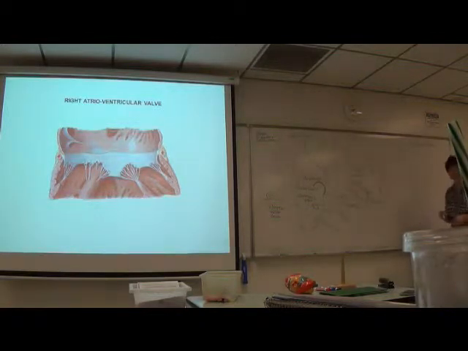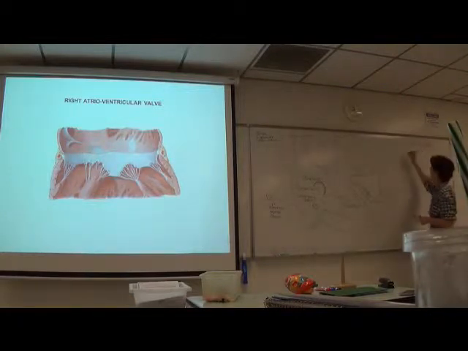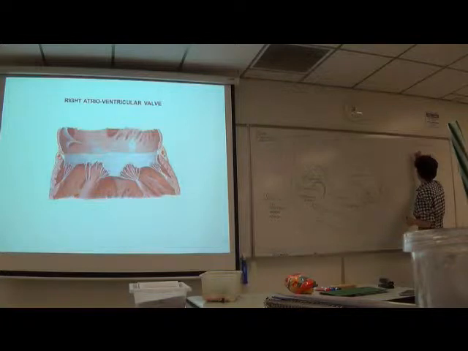There aren't any differences between the right and the left ventricle. There are between the right and left valves, all right? But not the right and left ventricles. So I'm not going to write that as a separate list. We'll just kind of describe what we have for both. So we have the chordae tendineae.